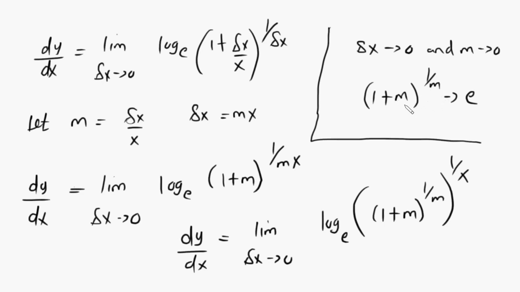Watch that tutorial. So you can prove this by putting in the place of m values very close to 0. You will see that this (1 plus m) to the power 1 over m becomes very close to e, 2.71. So this is true.